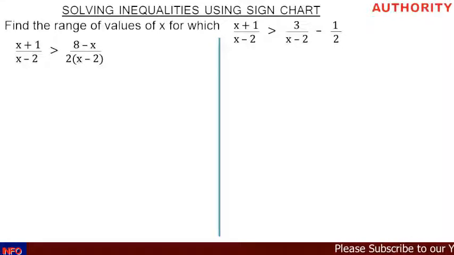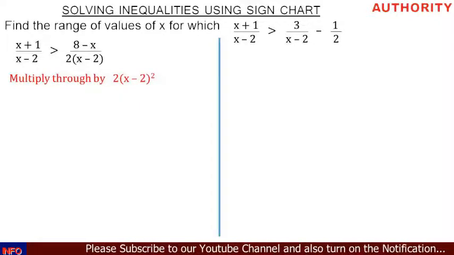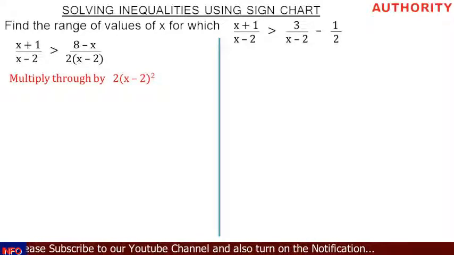Now I want us to make this expression linear. I want to remove the fraction, so we are going to multiply both sides by 2(x - 2) raised to power 2.